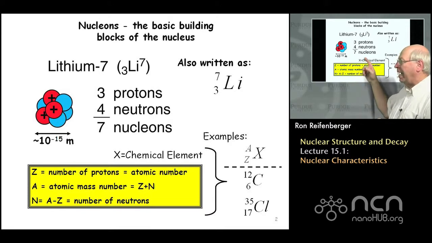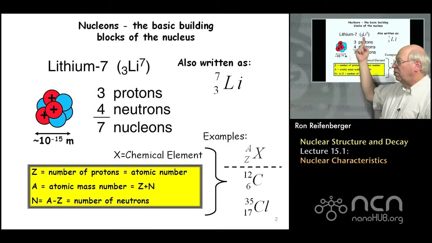The atomic mass number is the sum of the number of protons Z plus the number of neutrons N, right? And that appears as a superscript. So since we've got 3 protons and 4 neutrons, we've got 7 nucleons. And so the superscript on the chemical element lithium tells us the total mass number, the total number of protons and neutrons in that nucleus.